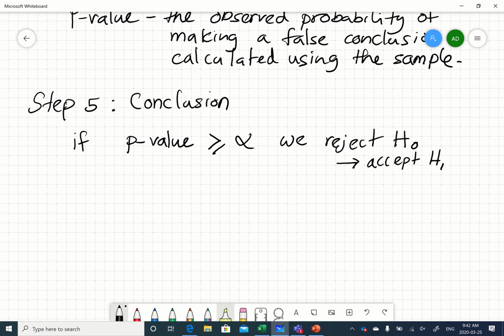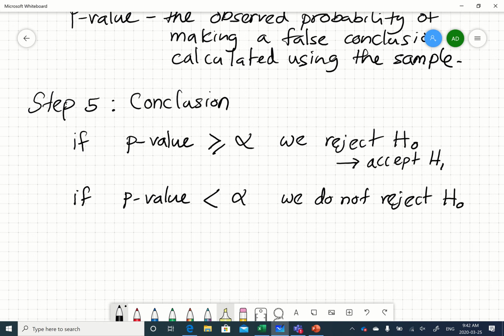Whatever is stated in H1 is the true statement. On the other hand, if the error rate you observed is lower than your bar, we do not reject the null. To maintain consistency, we always write down the conclusion in terms of H naught, but you need to understand that this means you have to reject H1.